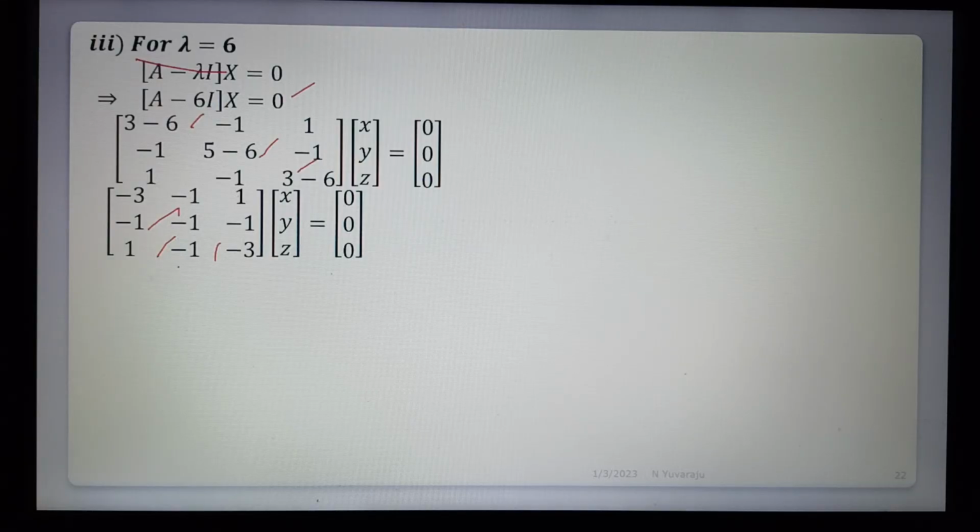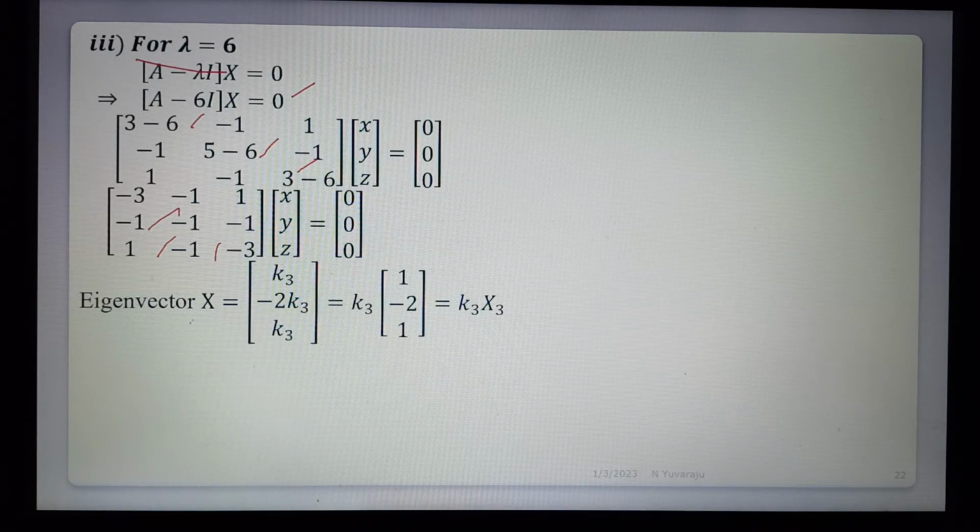So directly the third eigenvector x is equal to k3, minus 2 k3, k3. K3 common, 1, -2, 1, that is k3 into x3. This is the third linearly independent eigenvector corresponding to lambda is equal to 6.